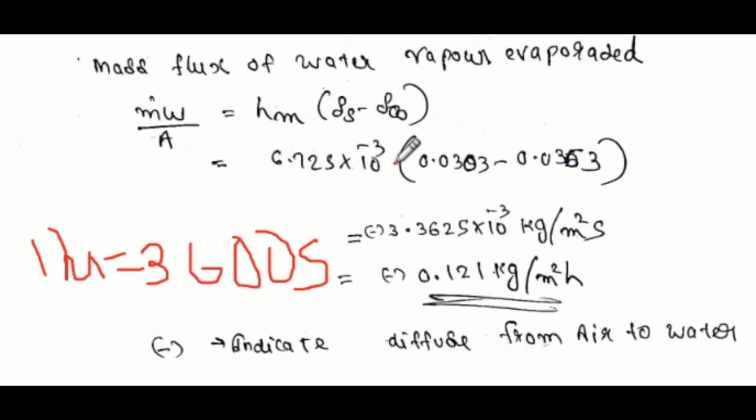That means it actually went in the opposite direction. The concentration of water vapor in the atmosphere is more than at the surface, so obviously it would diffuse from the air to the water. The net negative direction indicates that the diffusion takes place from the air to the water surface. So that's the direction of diffusion. This is the way to solve this problem.